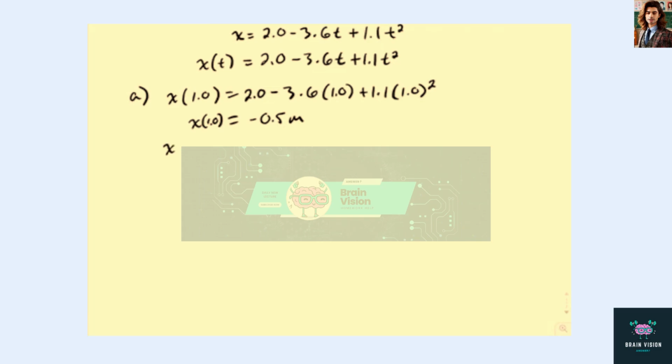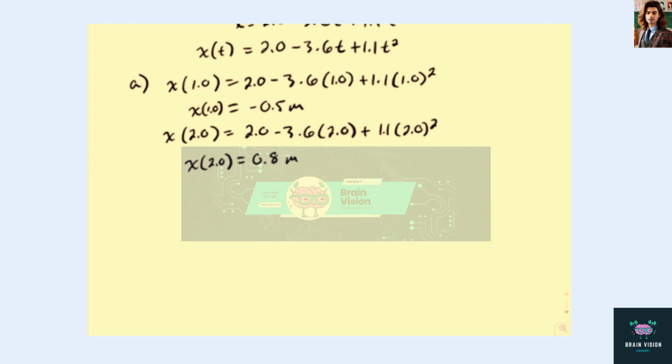And then next part, again, just plug in 2 seconds. So we have 2.0, 3.6, plug in 2. And this comes out to be 0.8 meters.